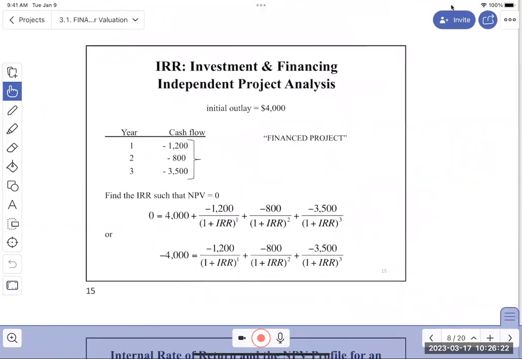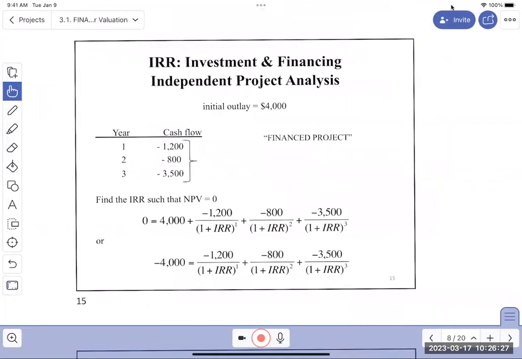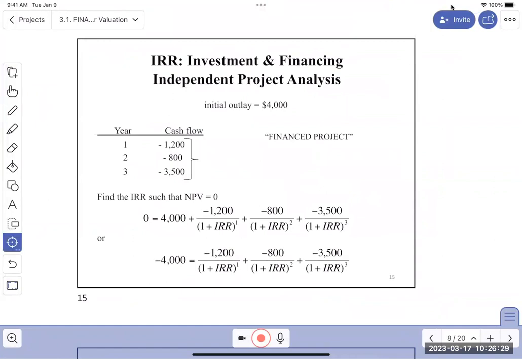What if instead it's backwards? You have money up front, like the example where they're being paid up front, so the project's being financed, and then these are their expenses to operate. Is it worth it? So what happens when the cash flow signs are reversed?